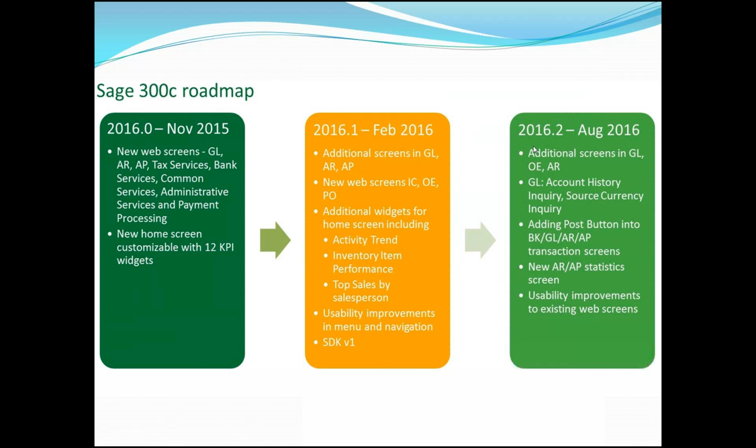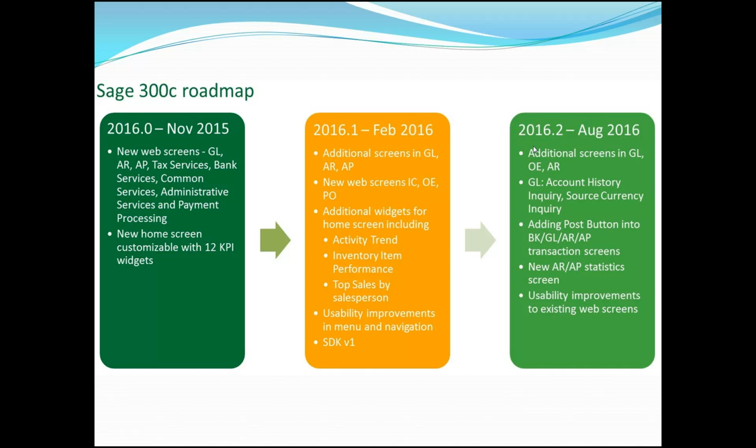Okay. Sage 300C, the roadmap ahead. We've released the first version of Sage 300C, which includes the general ledger, accounts receivable, accounts payable, tax services, and bank, and you're also going to be getting common services and administrative services with that, along with the Sage payment processing.